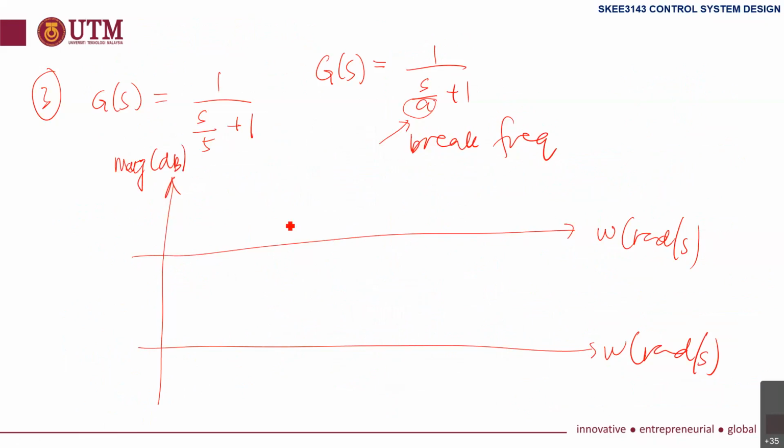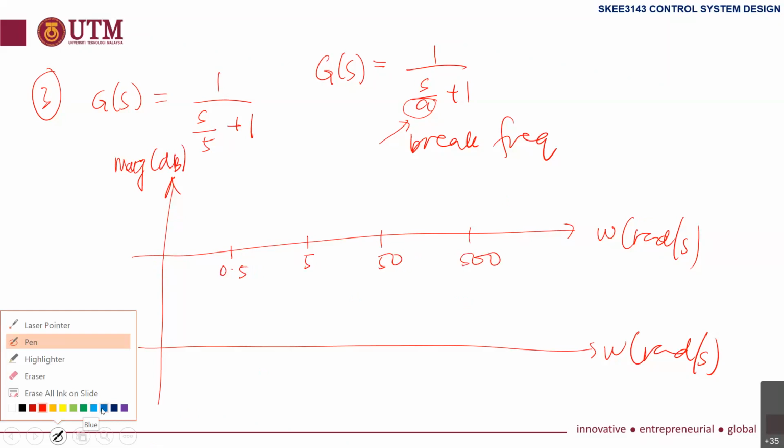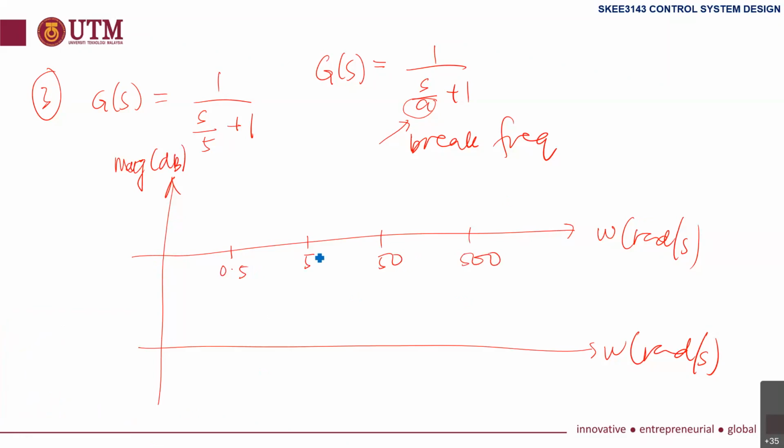Here A is 5. One decade before is 0.5, then 50, and so on, 500. Zero dB here. So before the break frequency it is 0 dB.